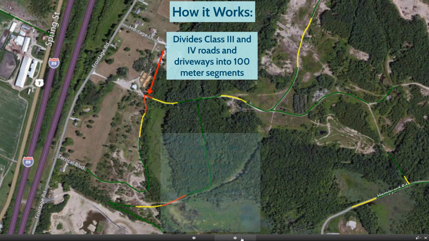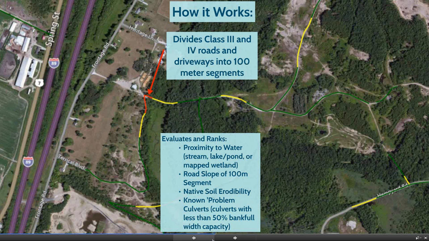Other culverts which have been flagged for being undersized have been integrated into the assessment, such that we're doing an analysis to figure out where all these risk factors overlap, and that's really what's shown on this map as the red areas, where most of these risk factors are overlapping, meaning that those are, according to the GIS, the most susceptible areas to road erosion.